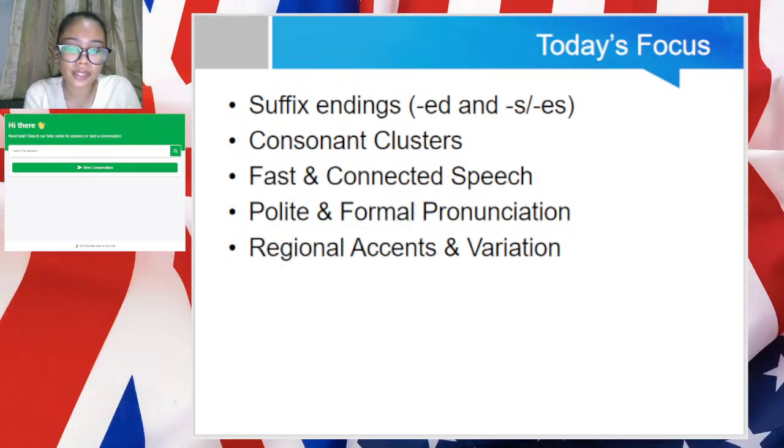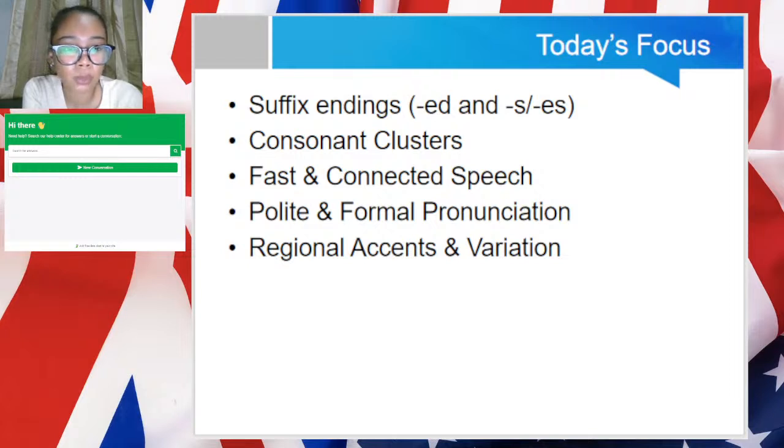When we say fast and connected speech, there is a linking feature. Here you link the first word and then the second word so that they blend well, and if they blend well, it will sound almost like one word.